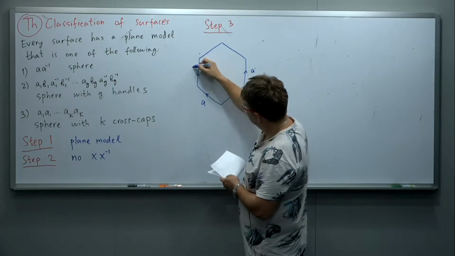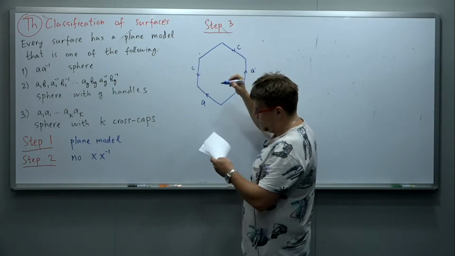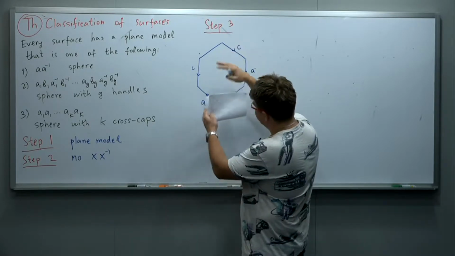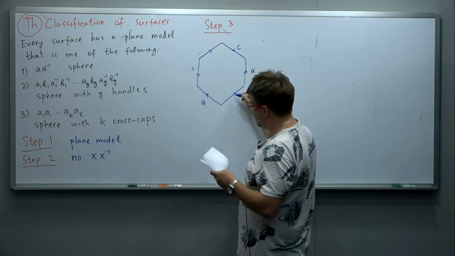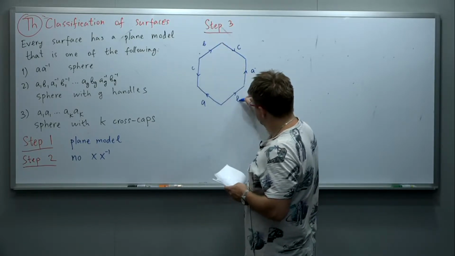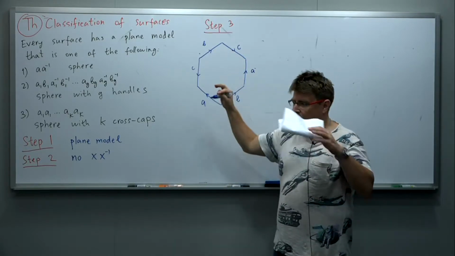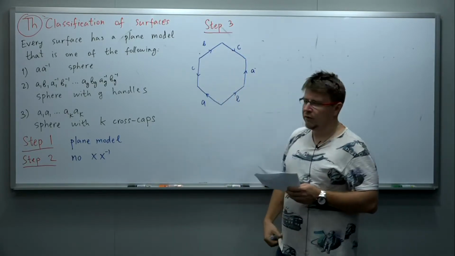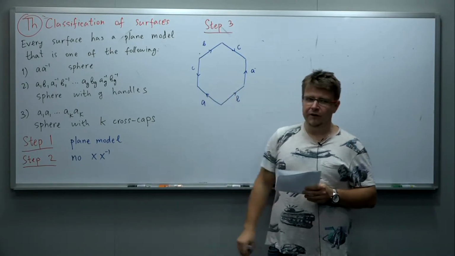Then this is going to be a C, and this is also a C. So they're supposed to be glued like this. And this is B, this is B. So they're supposed to be glued like this. So I guess you can imagine how all the glues are going to work, and you will see that the surface is actually a torus.